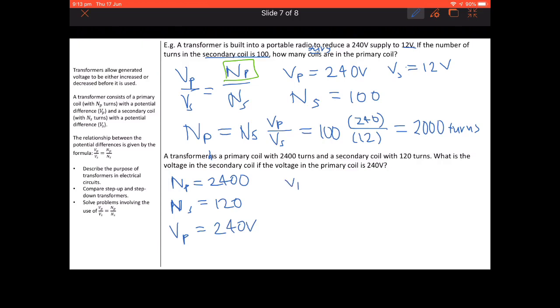We've got our Vp on Vs equals Np on Ns ratio. This time round we're looking for the secondary voltage. So if we rearrange this equation, you can do it how you want.